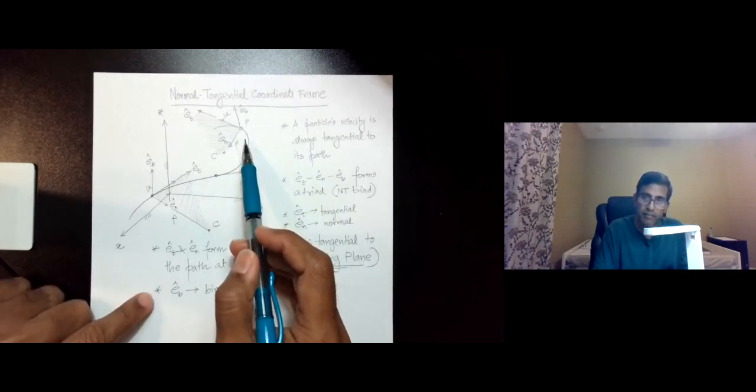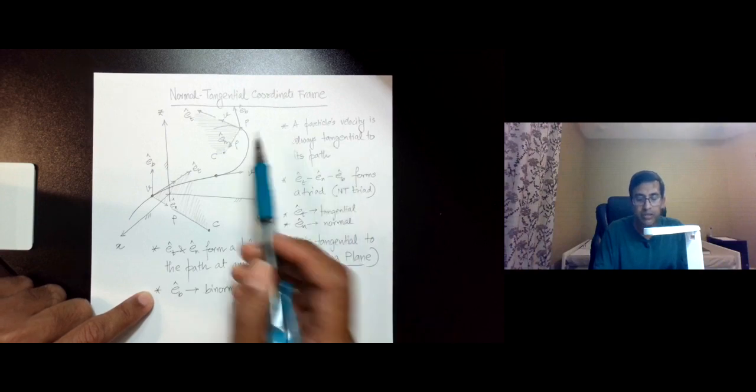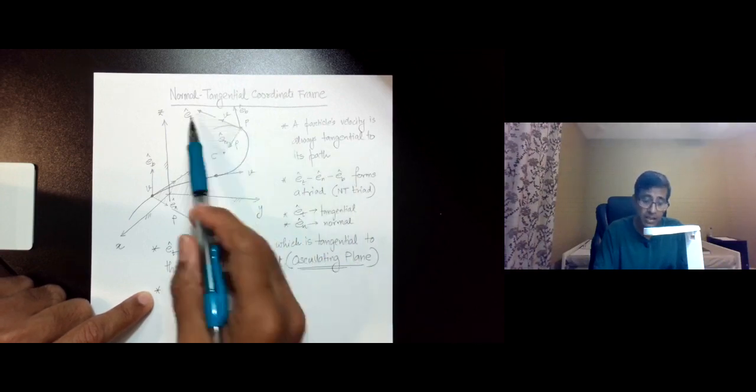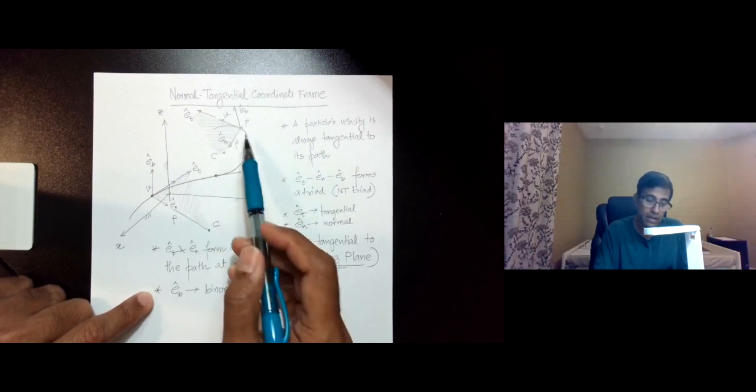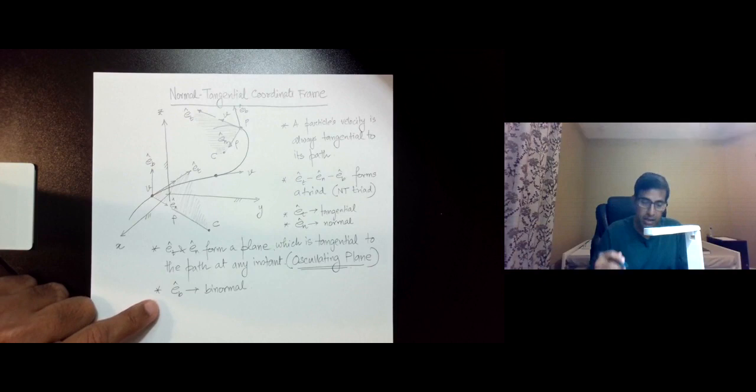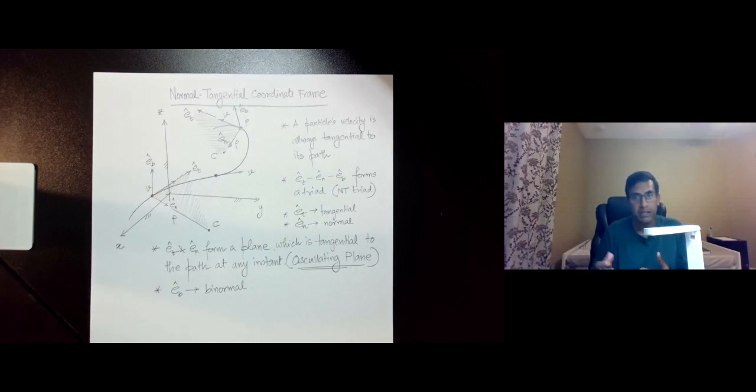You can see that this naming convention is based on the orientation of these unit vectors with respect to the trajectory at any instant. ET is tangential to the trajectory, EN is normal to the trajectory towards the center of curvature, and EB is binormal, meaning that it's normal to both the two unit vectors ET and EN.